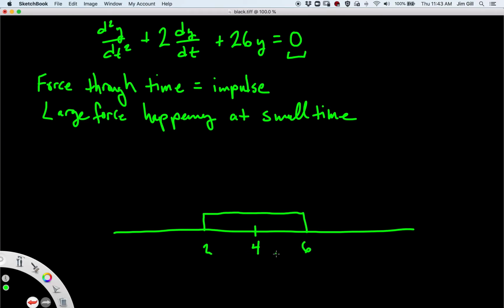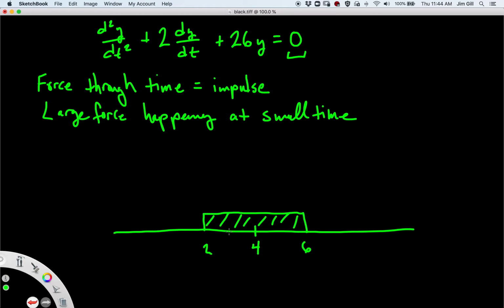So the force is going to be applied over a total of 4 seconds, and it is going to be equal to 1/4 newtons over that time. So the total force through time here would be the area underneath this rectangle, right? Which is 1, because I said it was 1/4 high, and it is taking place over 4 seconds.